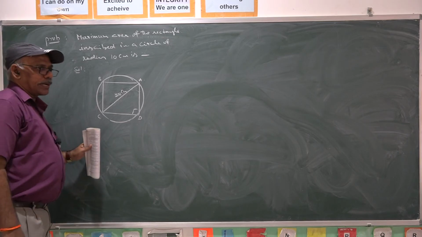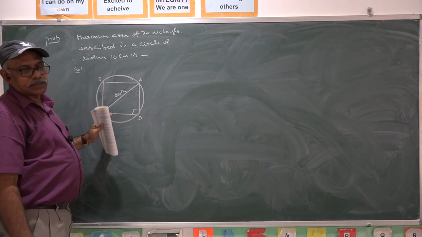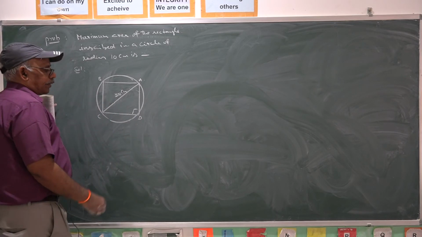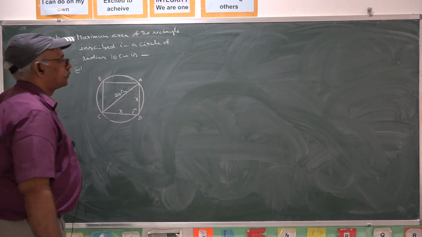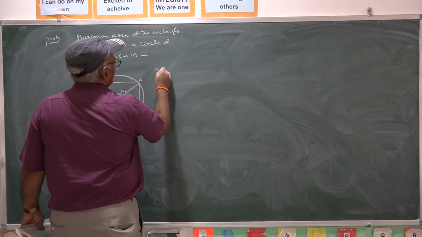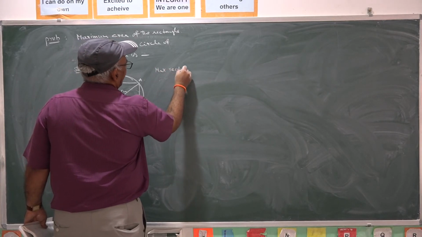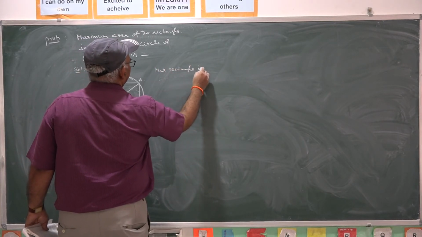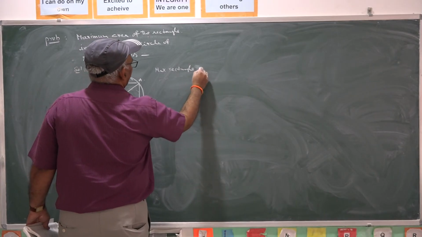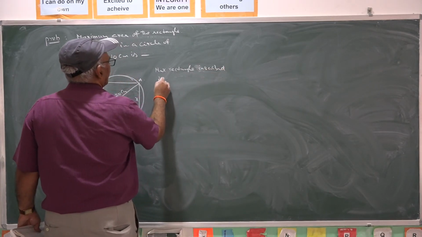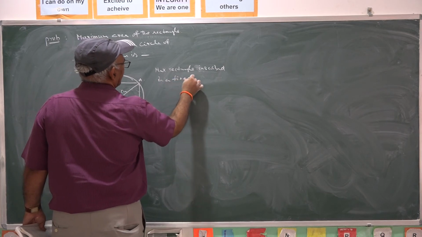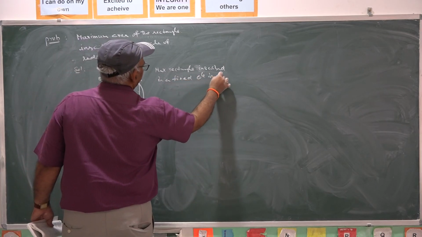The maximum rectangle inscribed in this fixed circle is always a square. Hence, let it be x. This is also x. So, the maximum rectangle inscribed in a fixed circle is a square.